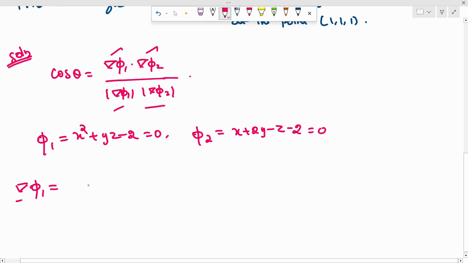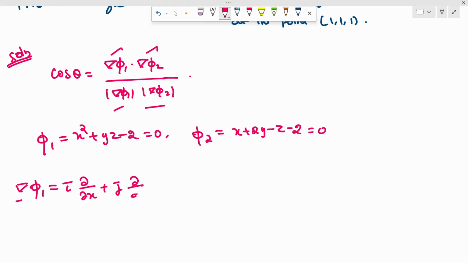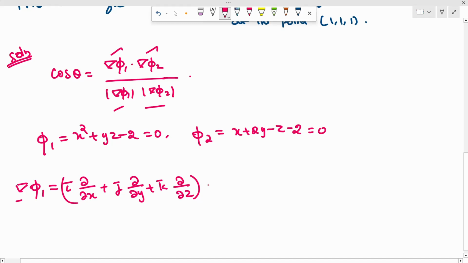First write the expansion of del, which is i vector into dou by dou x plus j vector into dou by dou y plus k vector into dou by dou z, into phi 1, which is x square plus yz minus 2.